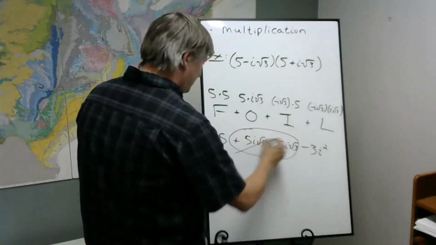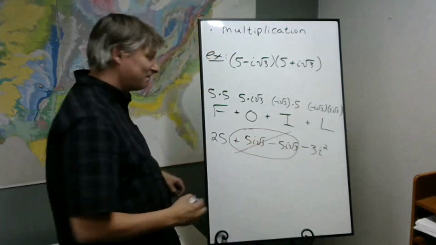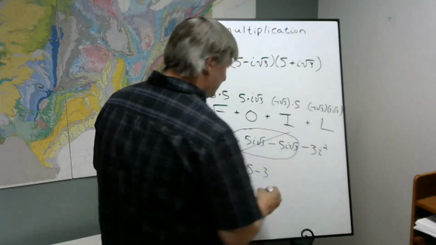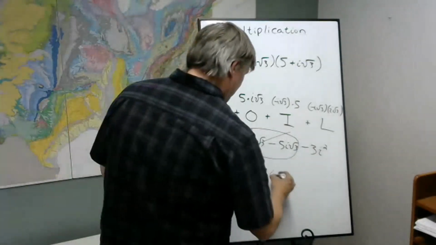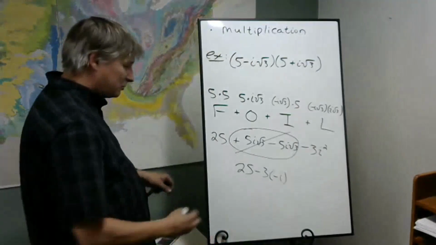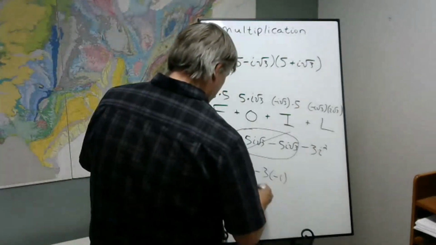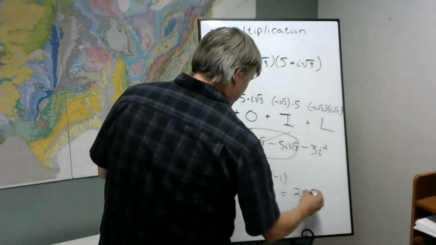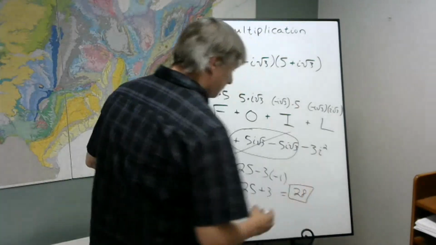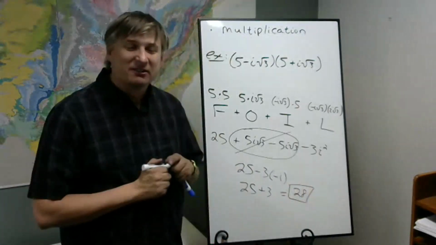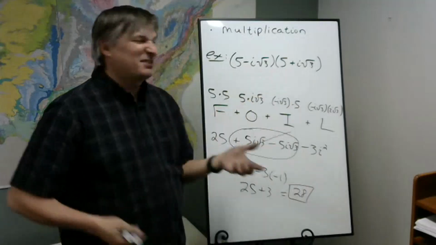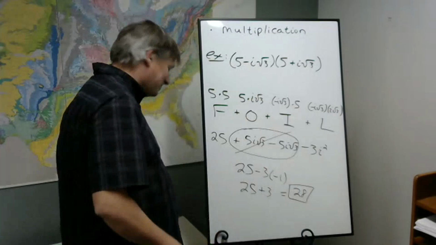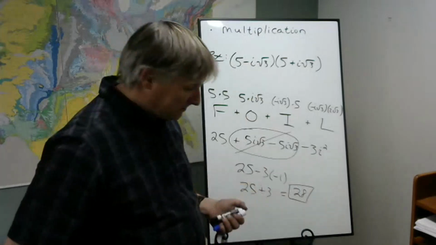These right here are going to cancel. So this will be 25 minus 3, and don't forget i squared is negative 1, so 25, negative and negative is positive, where we get 28. Go figure. This times this gives you 28. So that's what we're going to look at for multiplication.